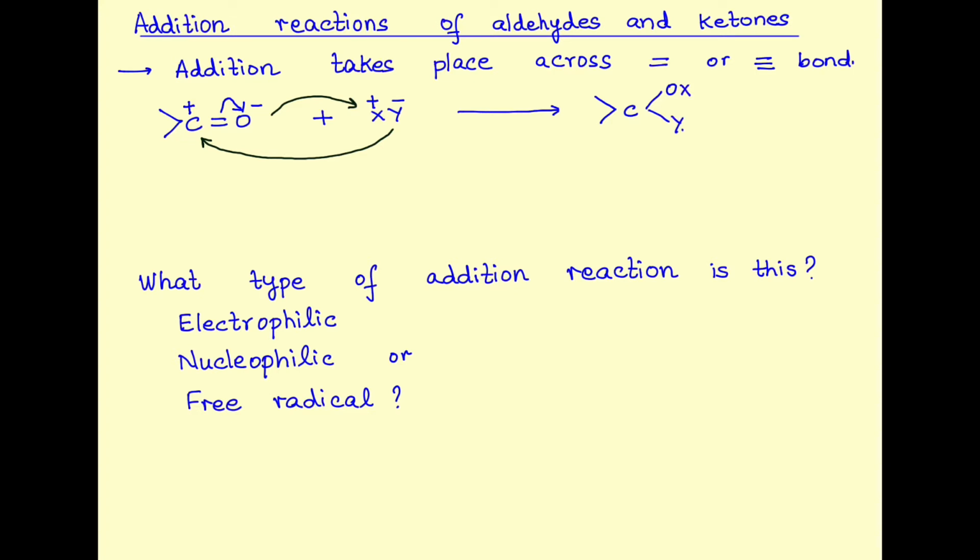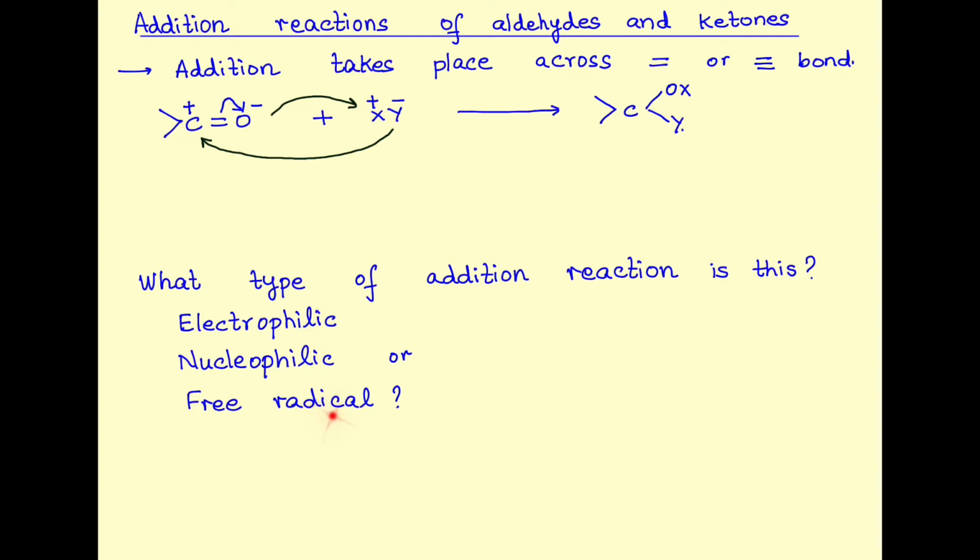Now what type of an addition reaction is this? Is it electrophilic, nucleophilic or free radical? Although we have covered this topic under the reaction mechanisms playlist, it is difficult to predict just by looking at the reaction whether it is electrophilic, nucleophilic or free radical.